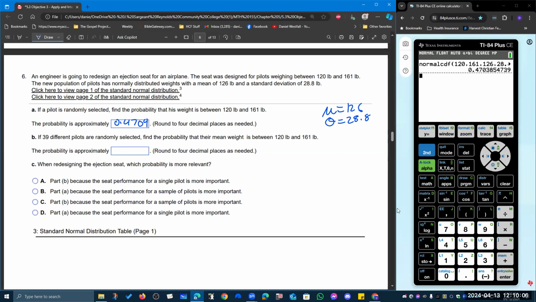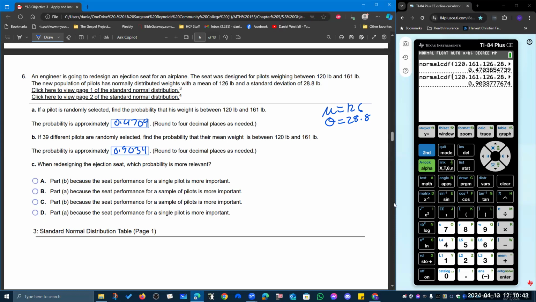And now we're going to have second distribution again, and we're going to take groups of 39 different pilots. So we're going to divide by the square root of 39, and we get 0.9034 when we round to 4 decimal places.